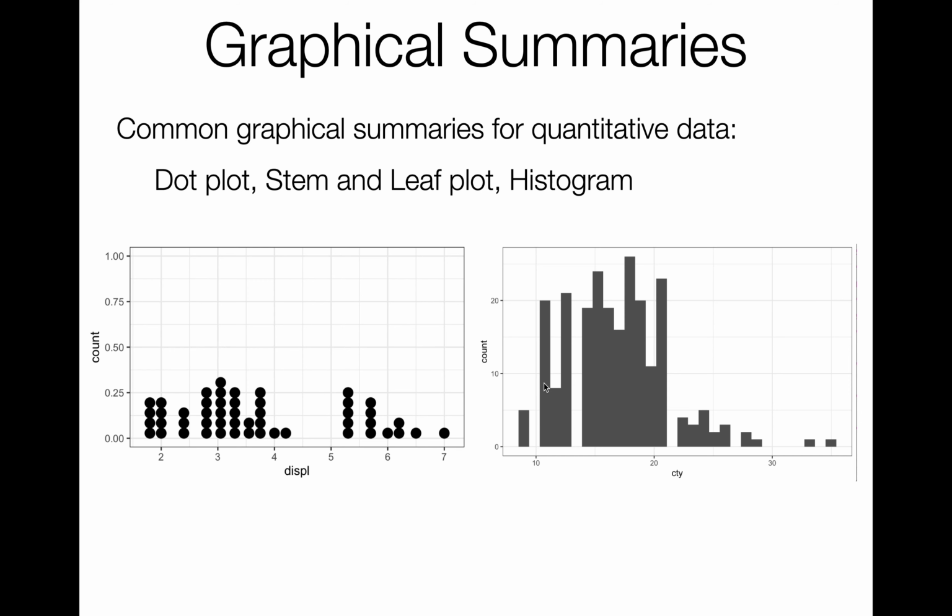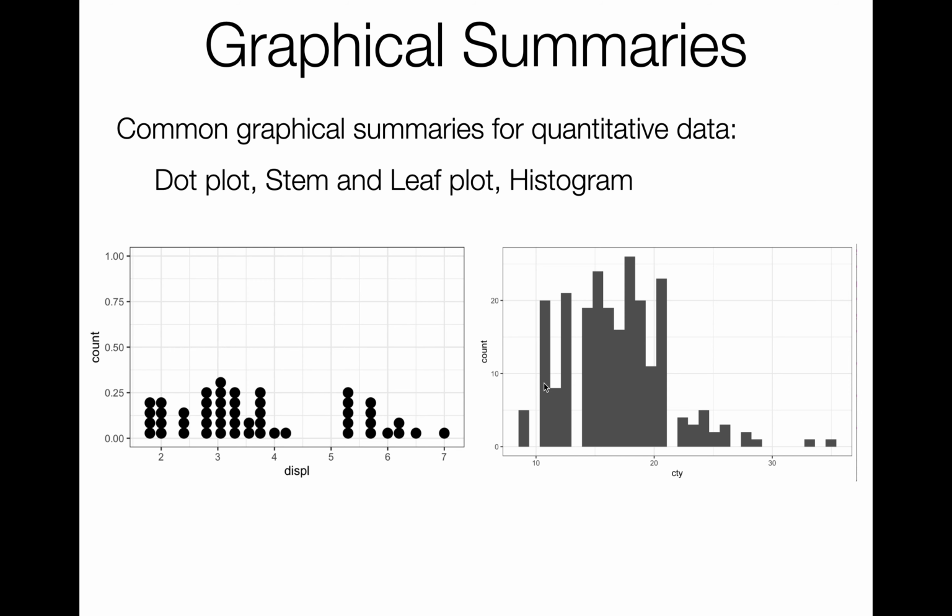A dot plot, shown on the left, places a dot at every instance of a quantitative data point. On the left, this is a graph of displacement for engines in different cars.